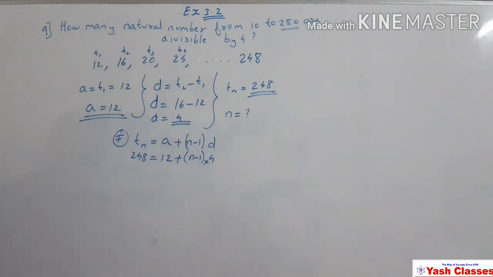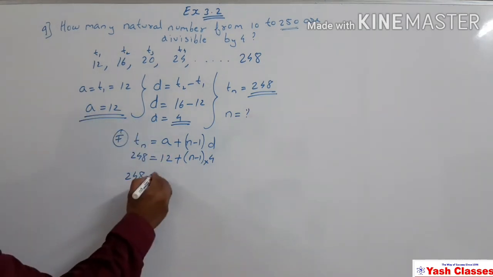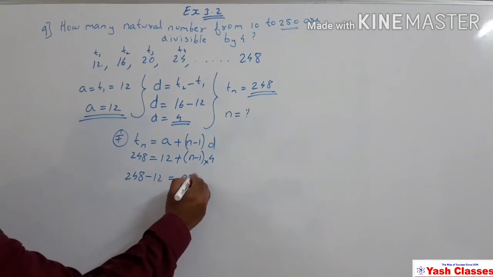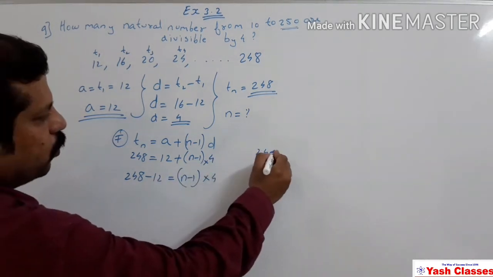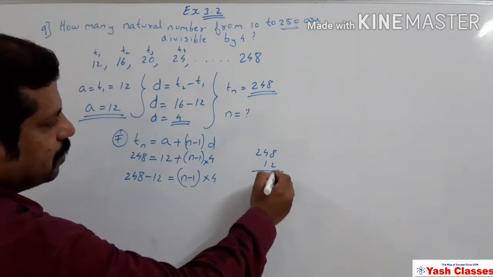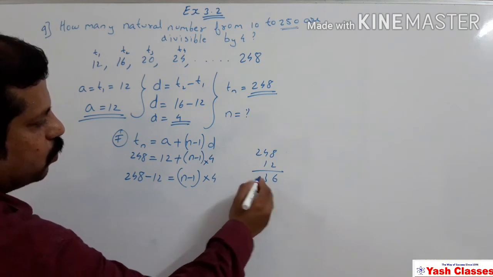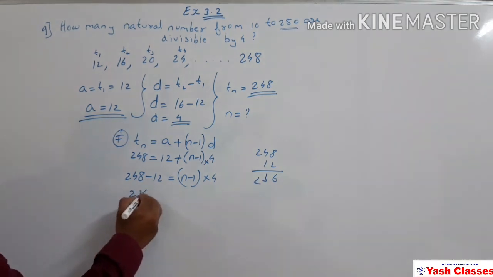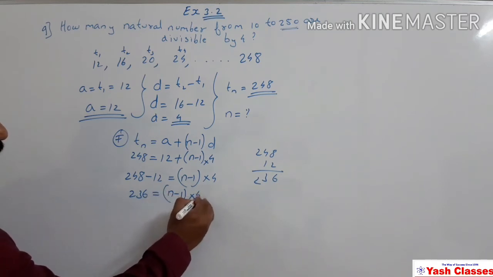Multiply sign. 248 bring here, it will become minus 12 is equal to n minus 1 into 4. 248 minus 12, 236 is equal to n minus 1 bracket 4.